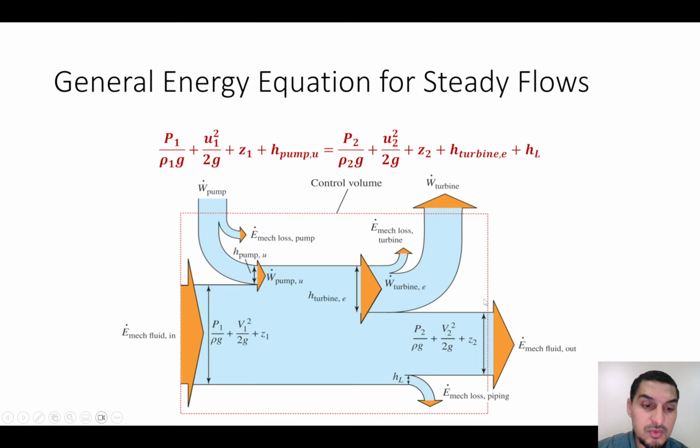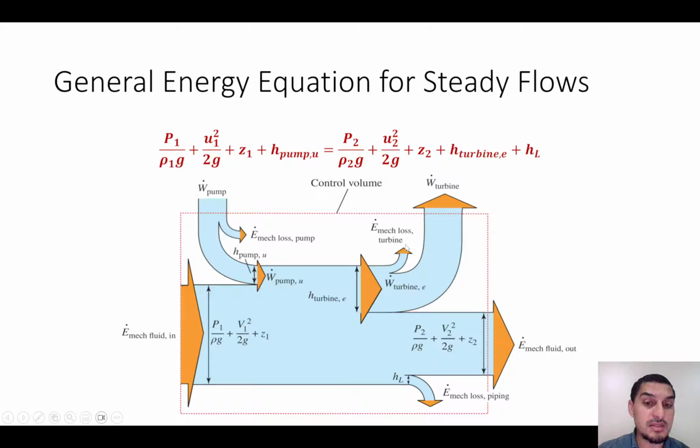And then for the output, we have the mechanical energy of the fluid leaving the control volume, and then the mechanical losses, which is HL, and we have the extracted head by the turbine. This is all the extracted head. It's not what was converted into electricity. This is all the head.